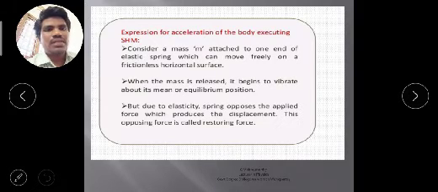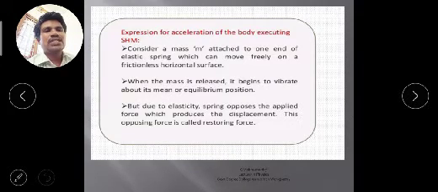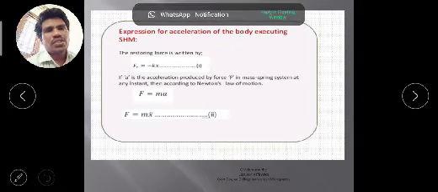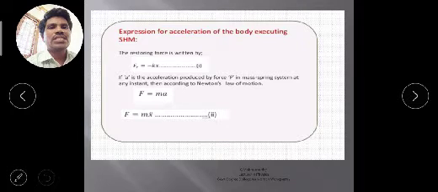So when the mass is released, it begins to vibrate about the mean or equilibrium position. But due to the elasticity, the spring opposes the applied force which produces the displacement. This opposing force is called the restoring force. So we get the expression for the acceleration of the body executing simple harmonic motion. The restoring force is written as Fr equals minus k into x.